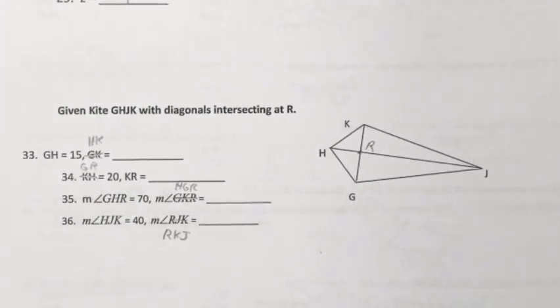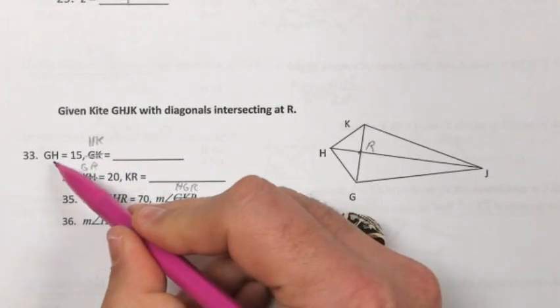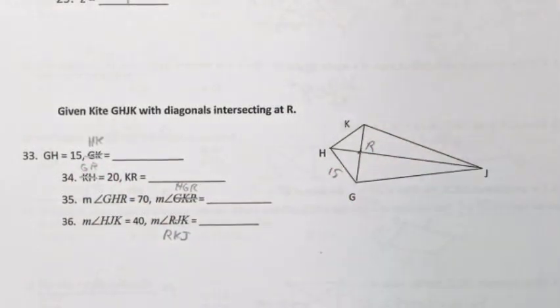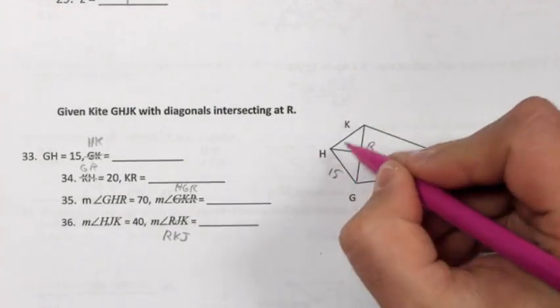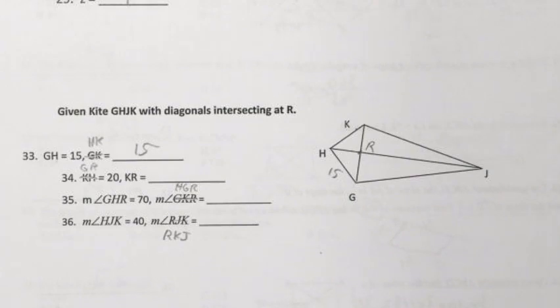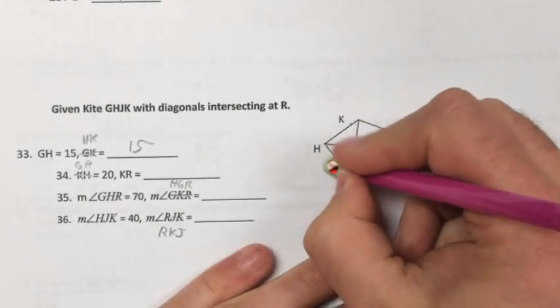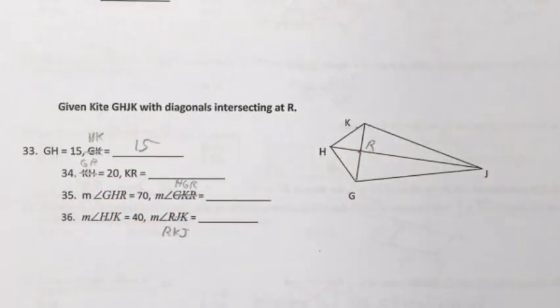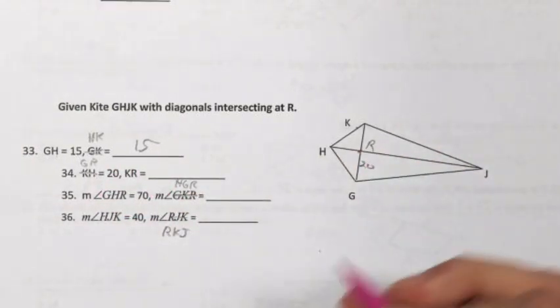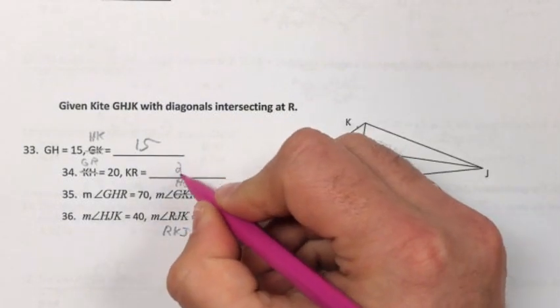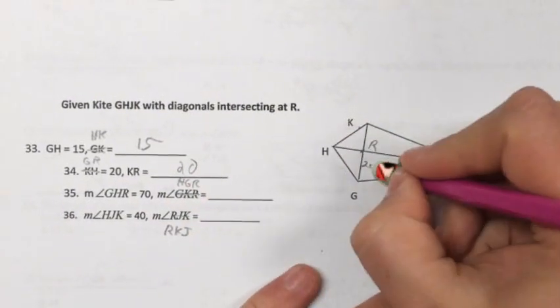Now for the bottom, number 33. If we know that GH is 15, well, again, this is a line of symmetry, so that means HK is also going to be 15. For number 34, GR is 20, this piece is 20, and so since we have this line of symmetry again, KR is also just going to be 20.